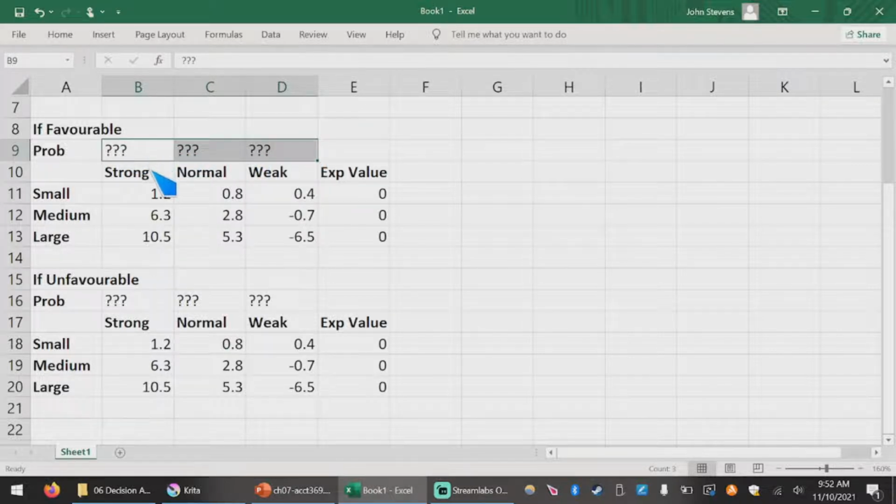This one, for example, is in words, the probability that the market is strong if the market survey says favorable. The probability that the market condition is normal if the market survey says favorable.